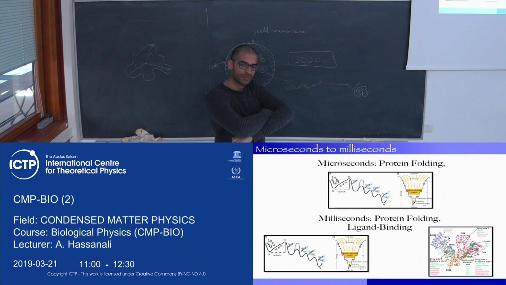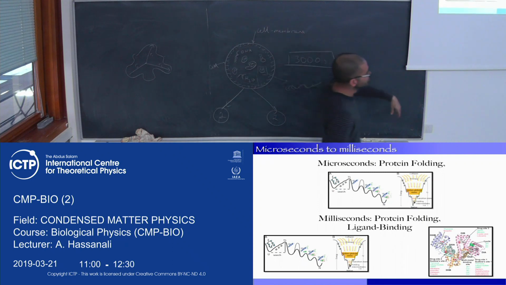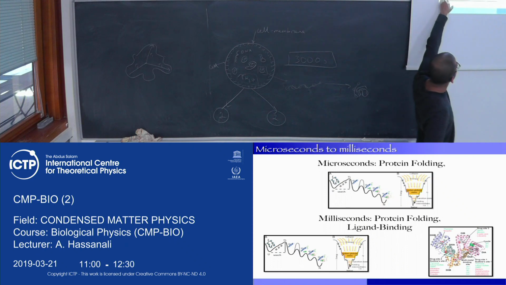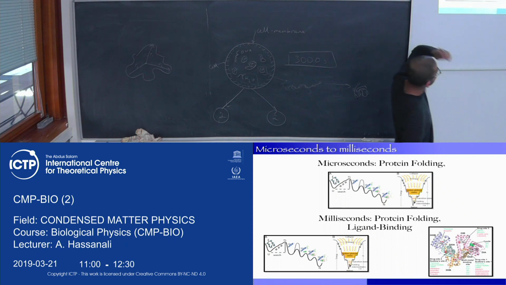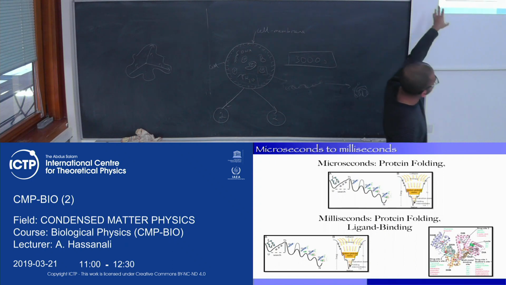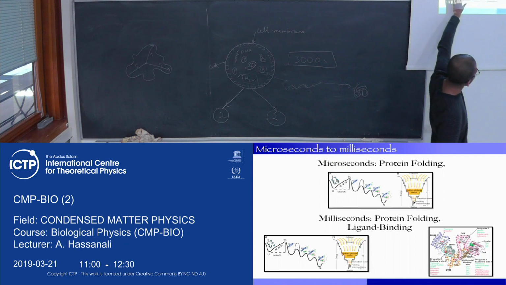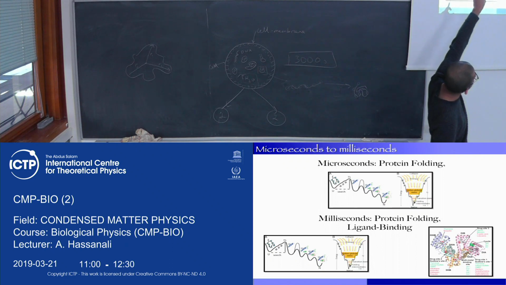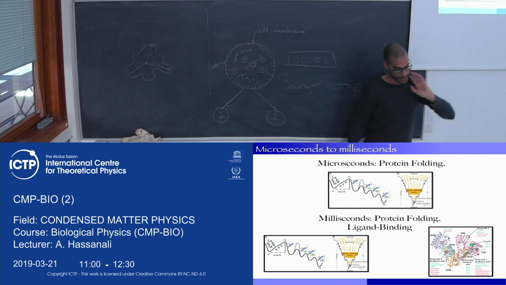How does the protein find its native conformation? That's the protein folding problem. People spend a lot of time trying to understand the free energy pathways, the role of entropy and enthalpy in driving protein folding. But we're going to get into this. What I want you to keep in mind for now is the time scales.